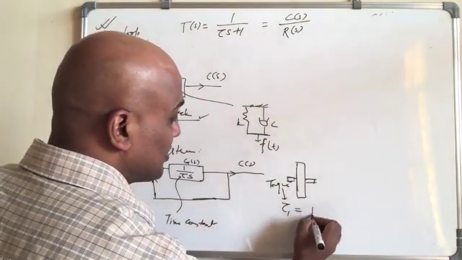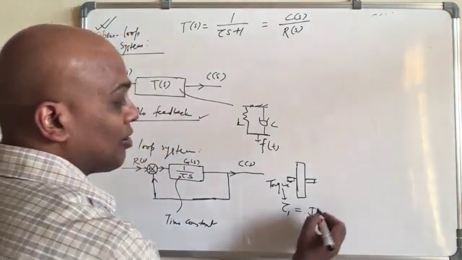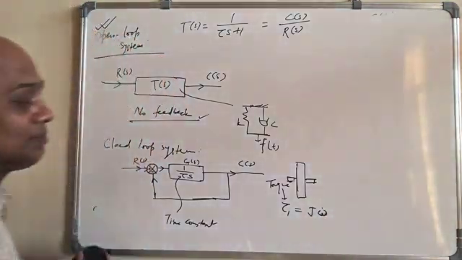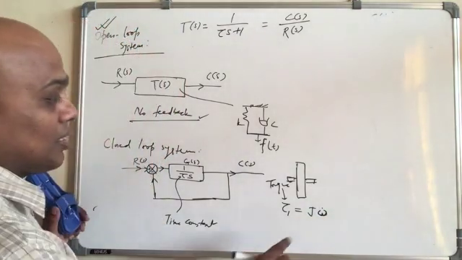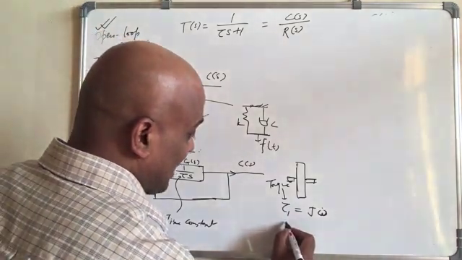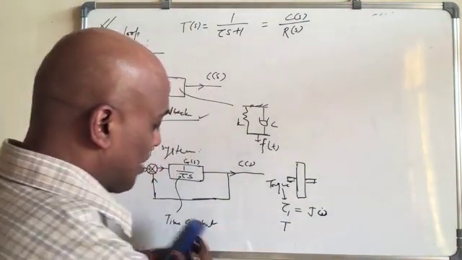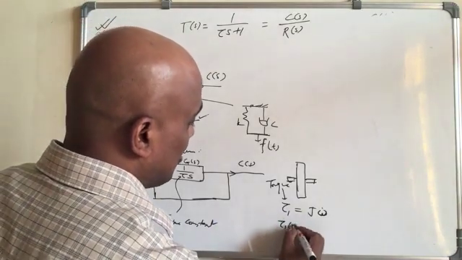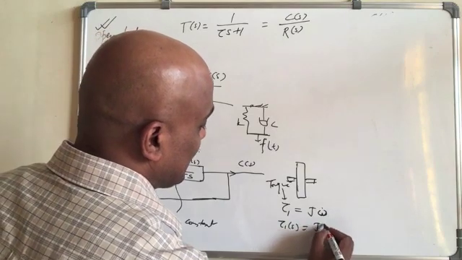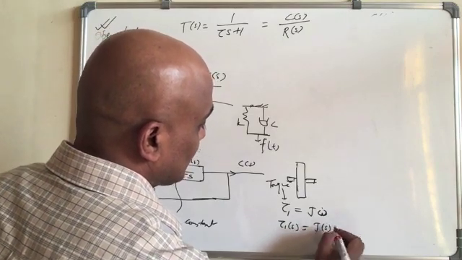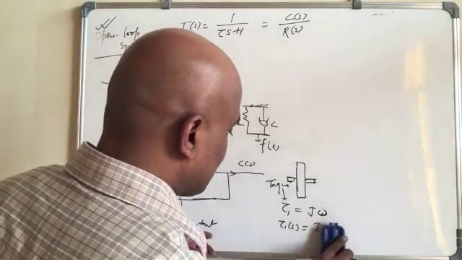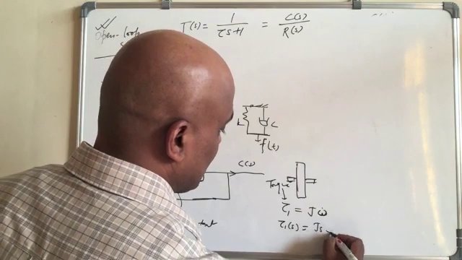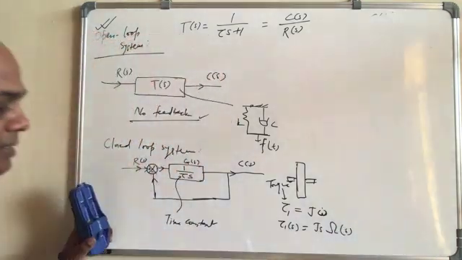So tau equal to J times omega dot, right? So we get tau 1s equal to J times s, then omega s, let us say, yeah?